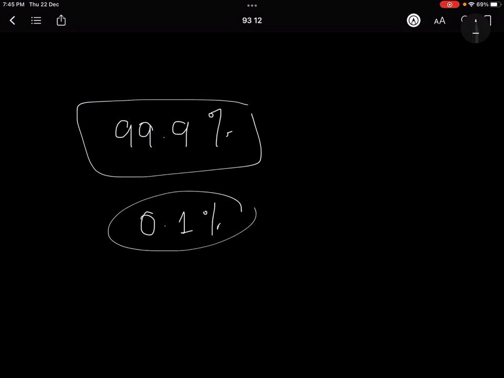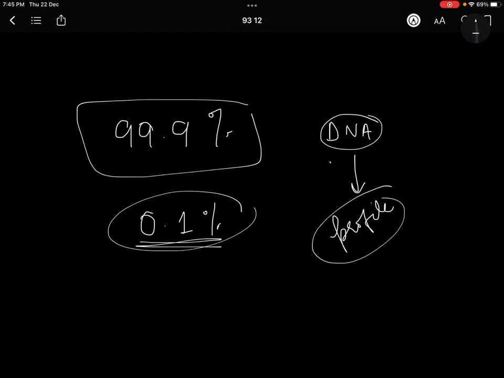But this 0.1%, if you see, we have trillions of cells or DNA in our body. So even 0.1% will be a large number, right? So when we study DNA fingerprinting, we are trying to understand the profile or the print of our DNA, right?